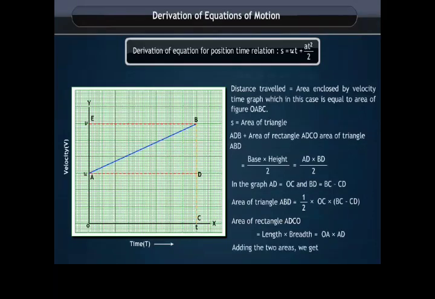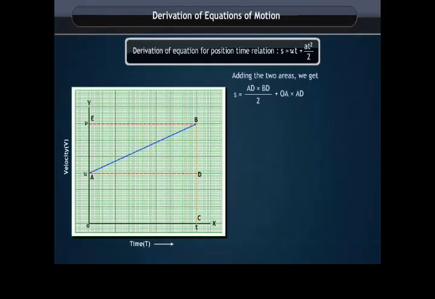Adding these two areas, we get S is equal to AD into BD by 2 plus OA into AD is equal to half into OC into BC minus CD plus OA into AD is equal to half into OC into BC minus OA plus OA into AD.